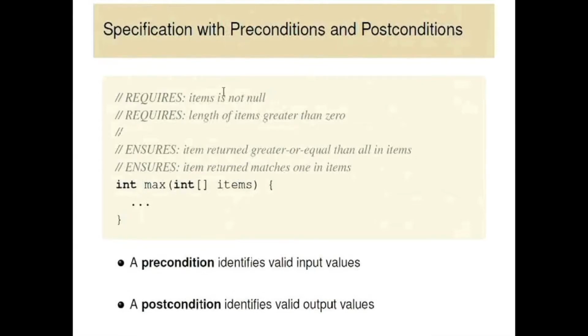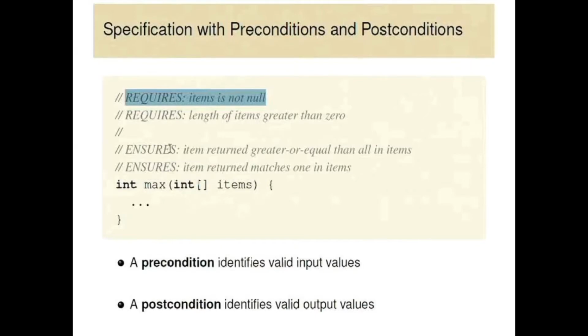So here we can see I've got my little function. This is still basically computing the max, but over an array of items. And I've got some requires clauses here. Those are the preconditions of the function. Let's see what it says. The first one requires that items is not null, so we're not allowed to pass null as a parameter into my max function.